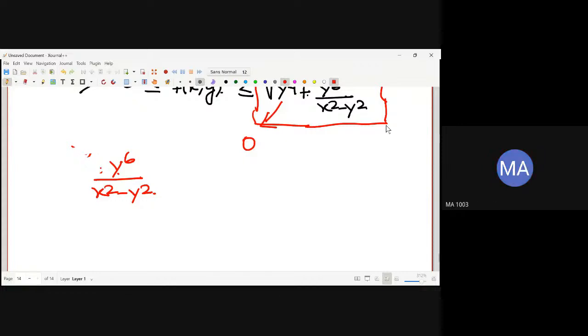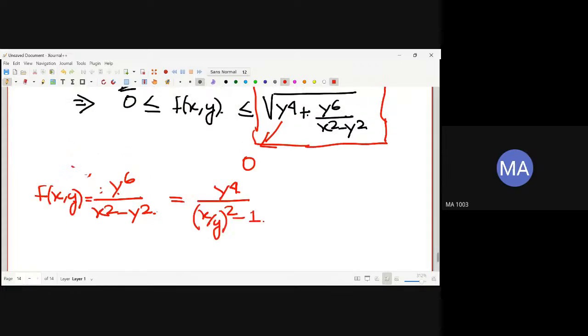Y square common. So then what will happen? Y power 4 minus 1. So then it's not going to help.